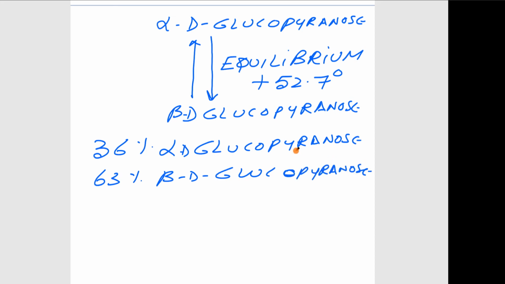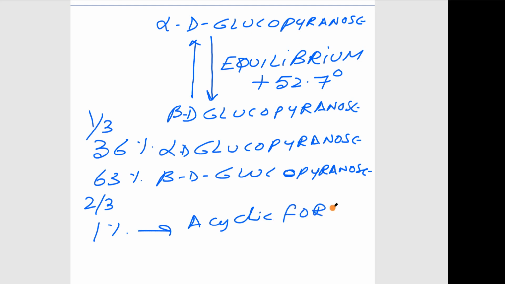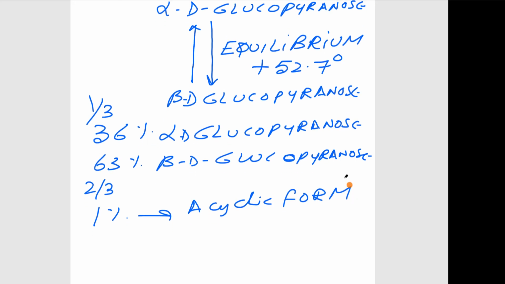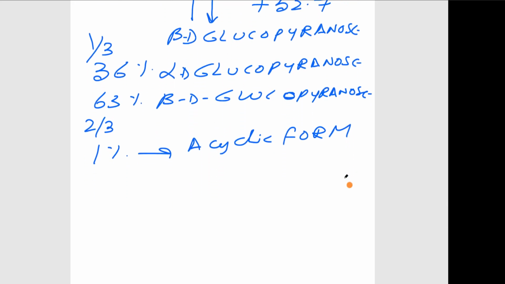That means there will be 1/3 of alpha D glucopyranose, 2/3 of beta D glucopyranose at the equilibrium, and 1% will be in acyclic form. That means most of the hexose sugar will be in the beta D glucopyranose.